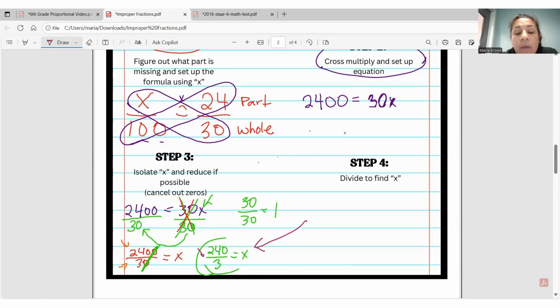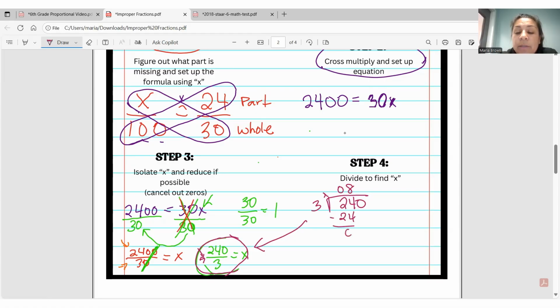And right now, this is an improper fraction, so we're going to divide it out. 240 divided by 3. 3 goes into 2 0 times, but 3 goes into 24 8 times. 3 times 8 is 24.